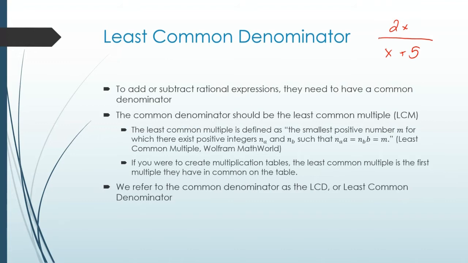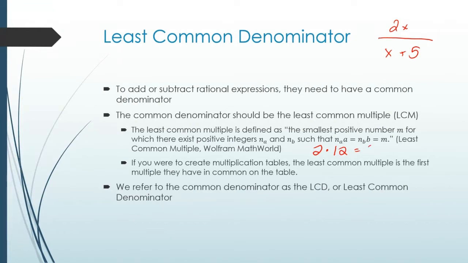we want the least common multiple, so like 2 times 12, and I'm trying to think how to demonstrate this.